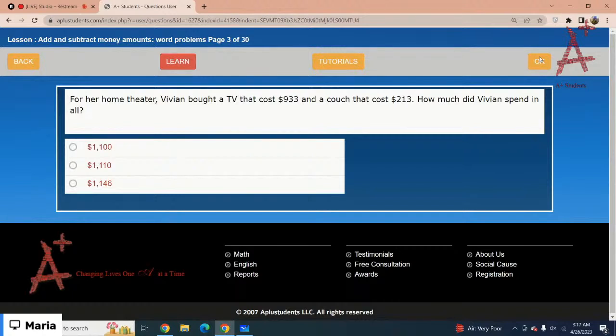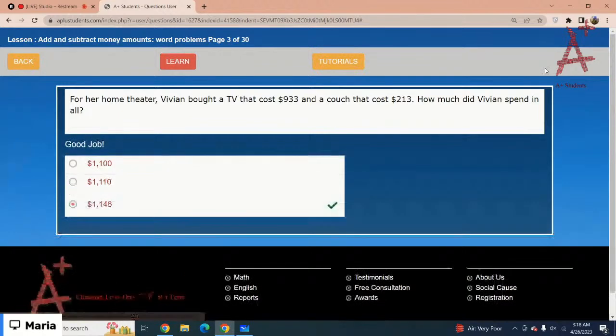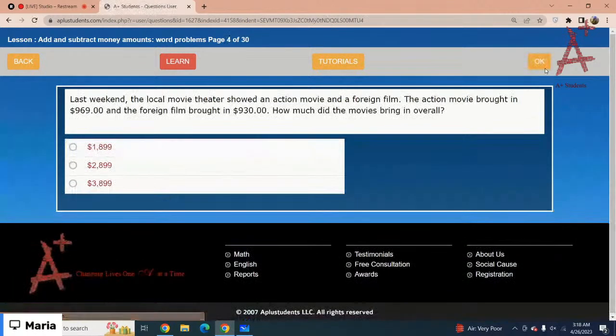So just add 933 and 213. So it would be $1146. Got it? You just have to add both the amounts. Got it? Okay.